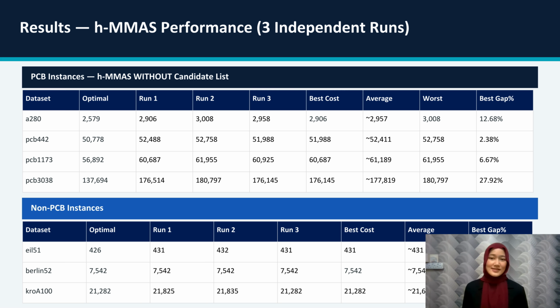For the PCB instances, PCB 442 received a 2.38% gap from the optimal, A280 received a 12.68% gap, and PCB 1173 received a 6.67% gap. All of these are pretty close to the optimal solution, which I think is a very good result.